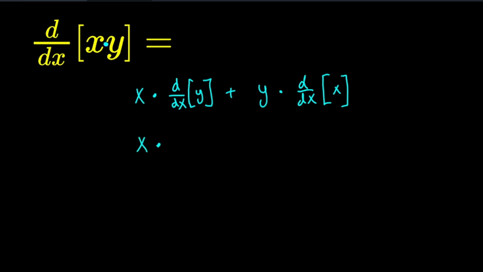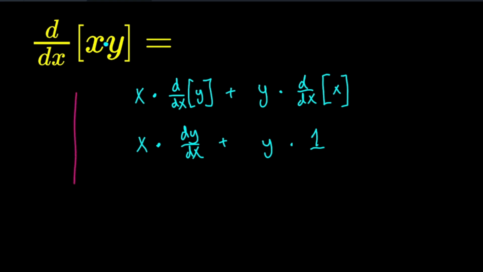So we have x times the derivative of y with respect to x is dy dx. And the derivative of x with respect to x is 1. So this part right here is 1, and the y stays.